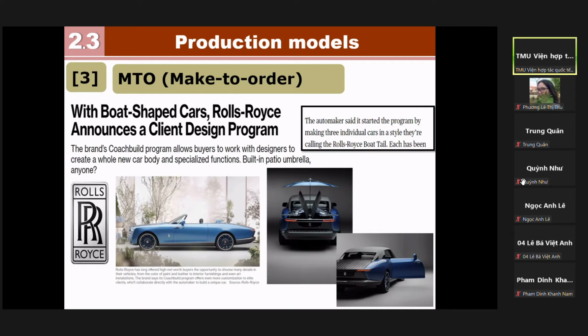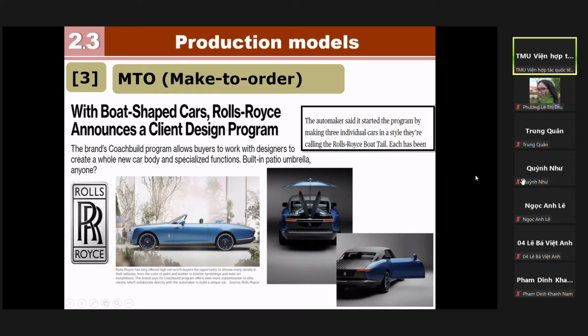It's still the standard model of the company. However, they just adjust some parts or maybe some details in that model according to the requirements of the customer. So in such a case, this is also an application of the MTO production model.